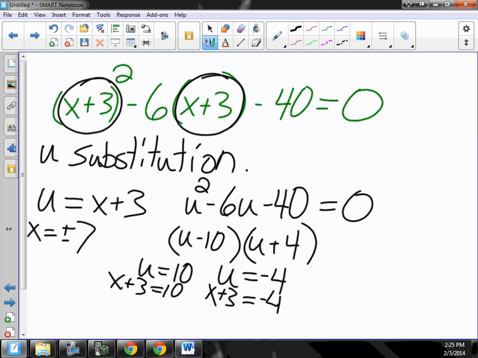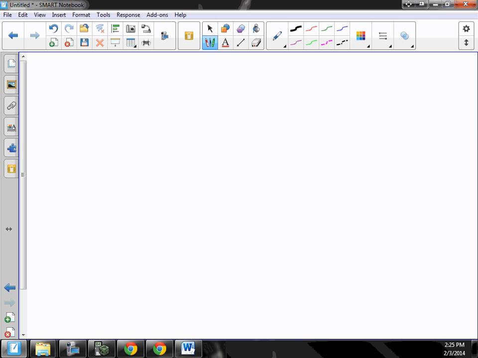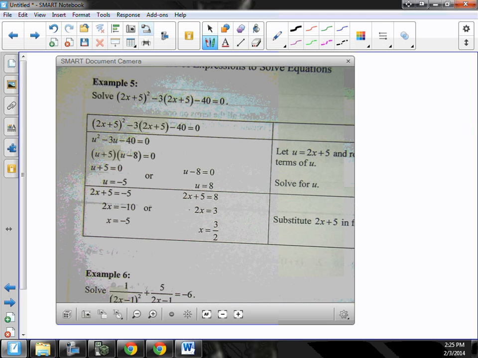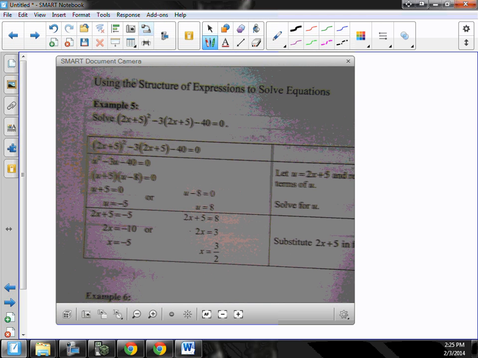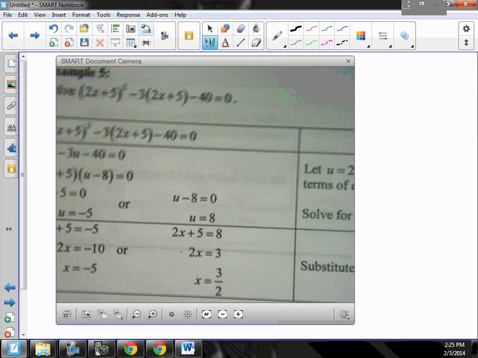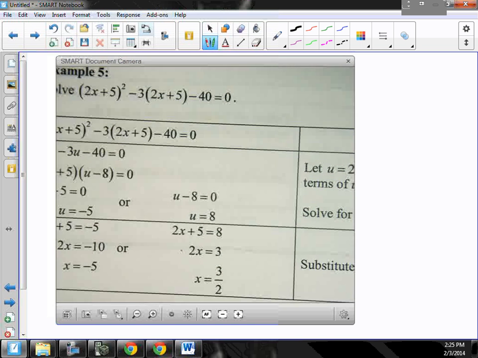So if you look on page 121, there's a u substitution problem. So I'm looking at example 5. So we're going to define u equals 2x plus 5.